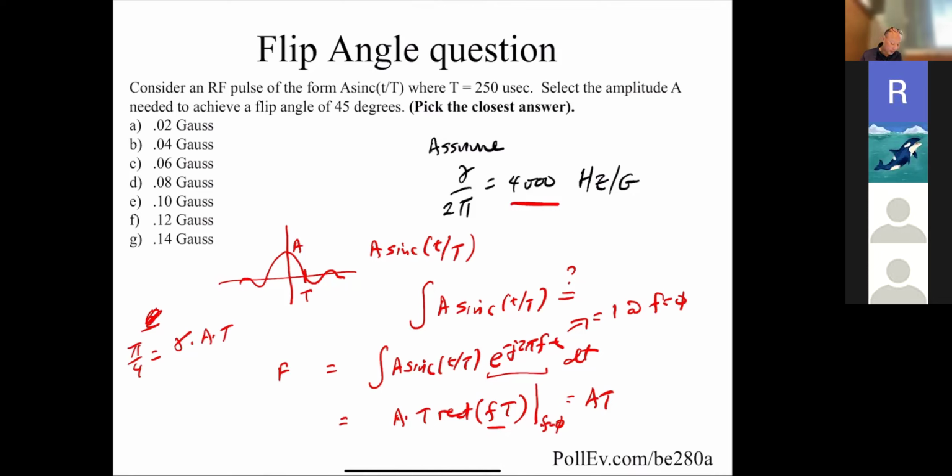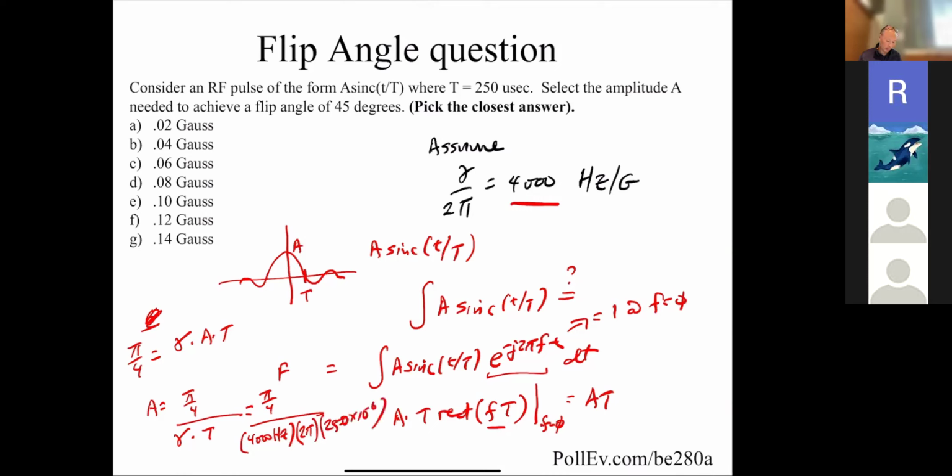So this just means that the amplitude is equal to pi over 4 over gamma times T. That equals pi over 4 over, we have 4,000 hertz per Gauss, but then we have to multiply that by 2 pi to get gamma, and then we divide by 250 times 10 to the minus 6.